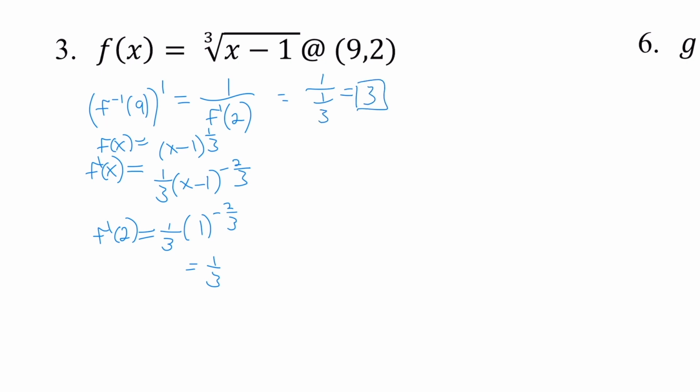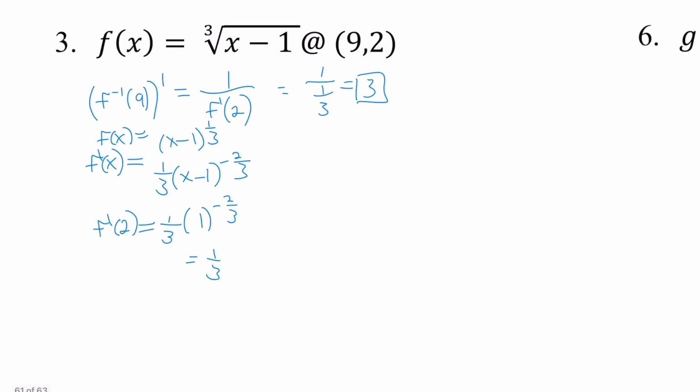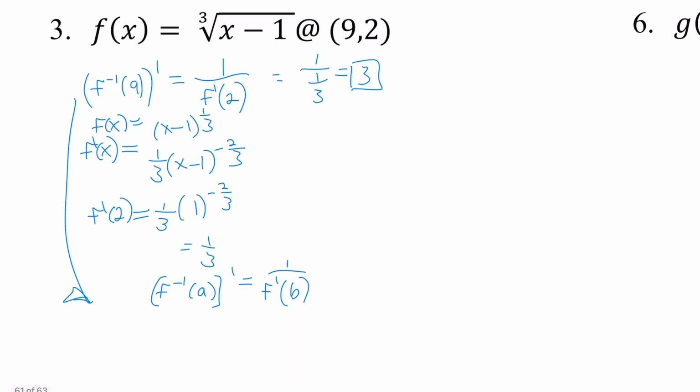For additional explanation, the reason why we have this form, f inverse of a derivative is going to be 1 over f prime of b, is because we put b in here, since this was actually supposed to be 1 over f prime of f inverse of a.